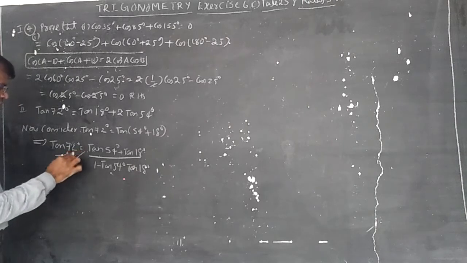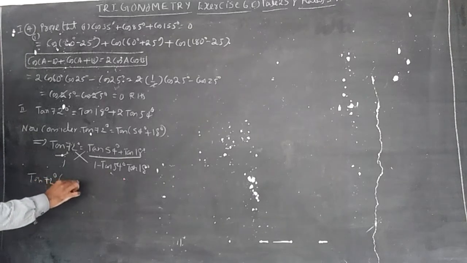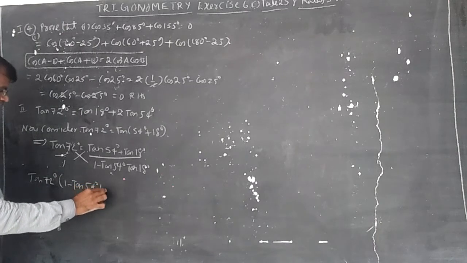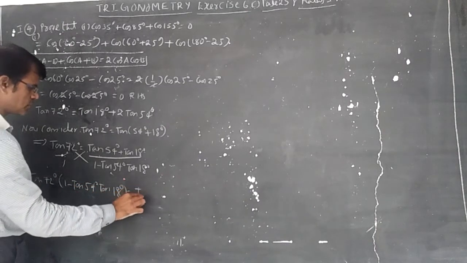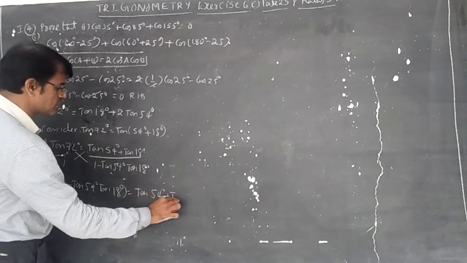Take cross multiplication. So tan 72 into (1 minus tan 54 into tan 18 degrees) is equal to tan 54 plus tan 18 degrees.